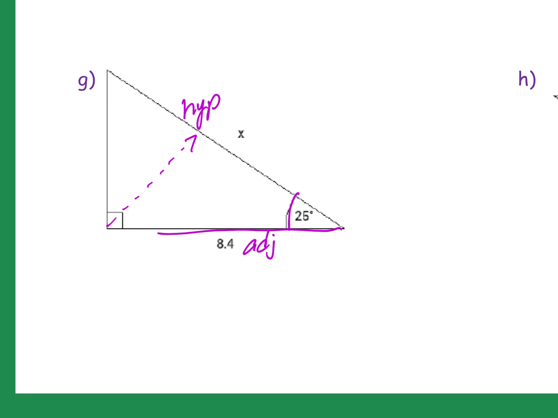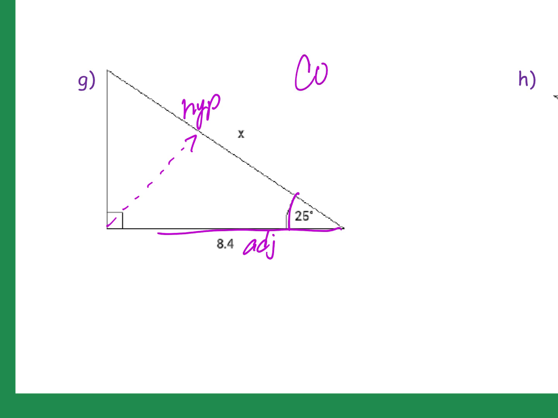In a couple days, next week, the problems are going to be mixed together, and you're not going to know if it's sine, cosine, or tangent, and you're going to have to decide what it is. So we're going to start looking at ways to do that, and these little markings are ways that can help do that. So that's why I keep doing it over and over again. I just wanted to explain that a little bit.